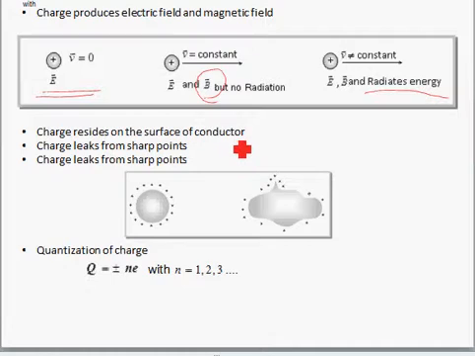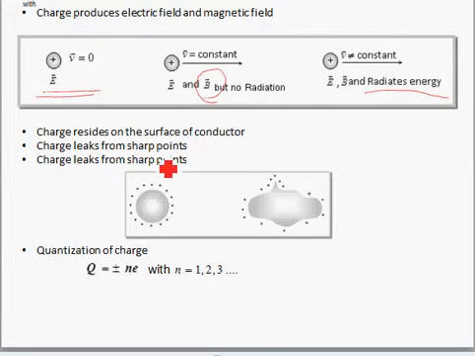It will not remain inside the material, neither in the center nor inside the material of the spherical ball of copper. There will be no charge. The charge will be present only on the surface of the conducting material, whether it is a ball or cube or anything. The charges will always remain on the surface.